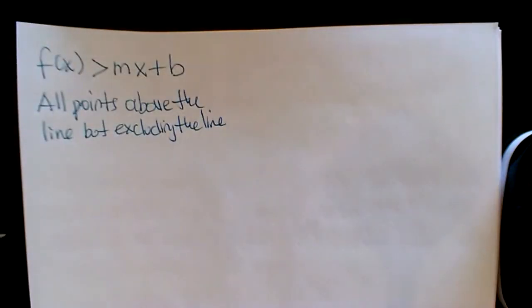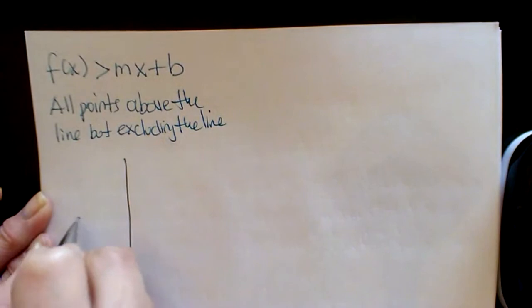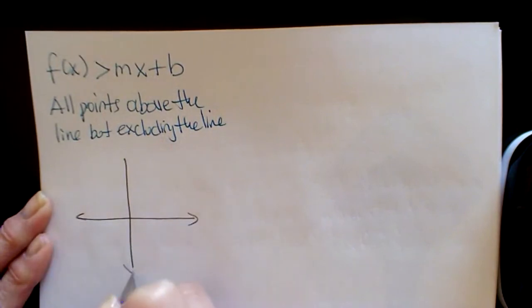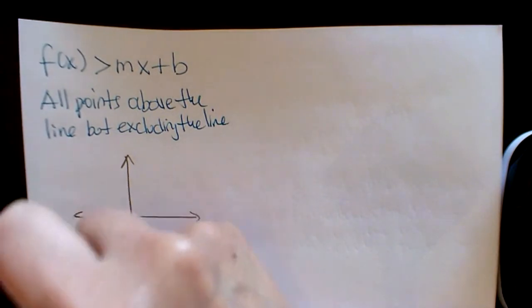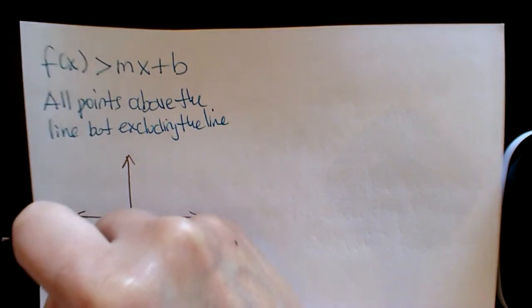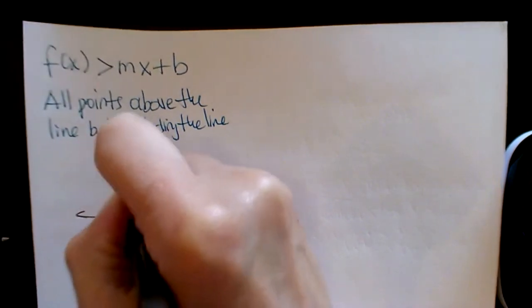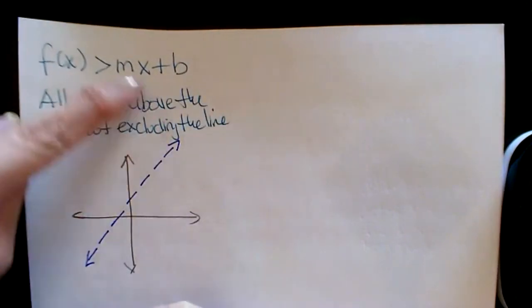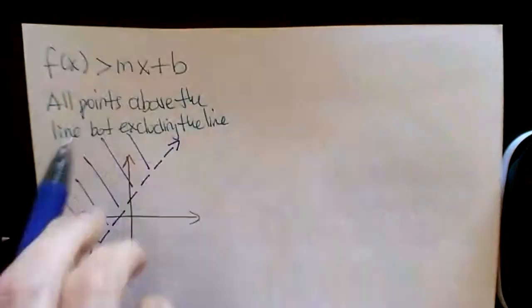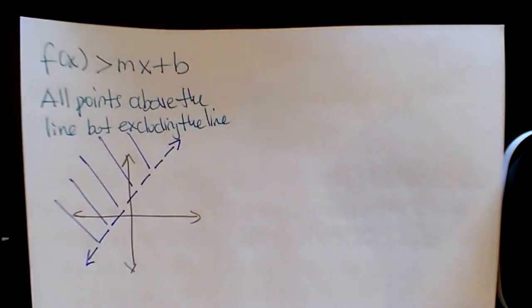Okay? So it's going to look like this. Here's our line. We're not including the line, so dash, that's what we have to do. Above the line. So it's everything above the line because it's greater than.